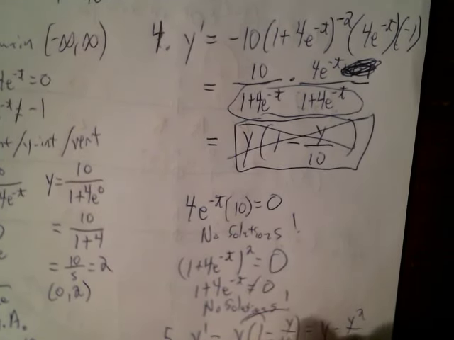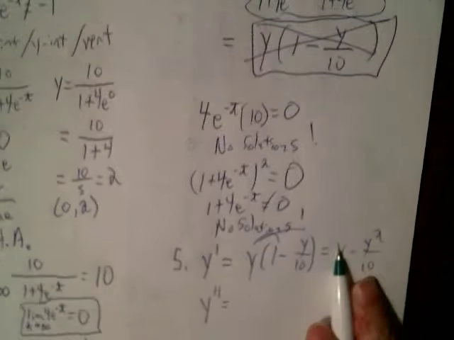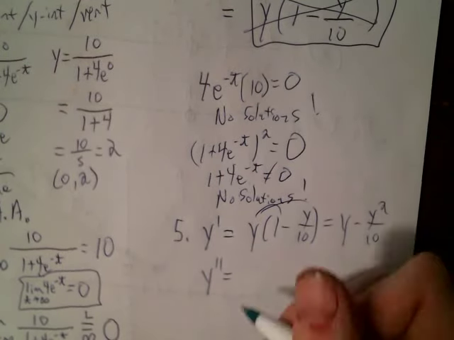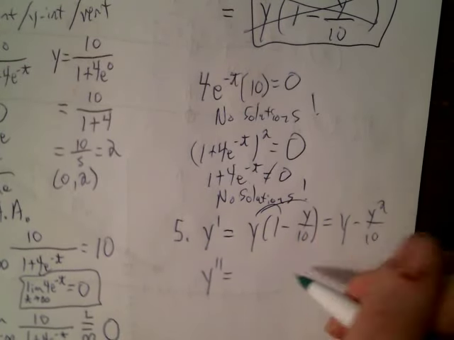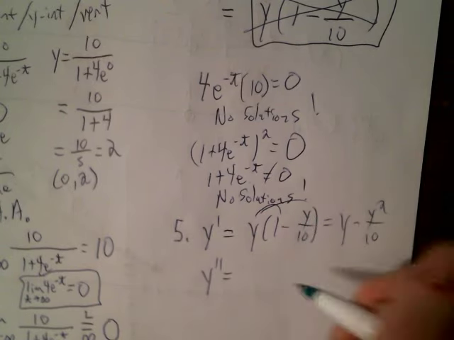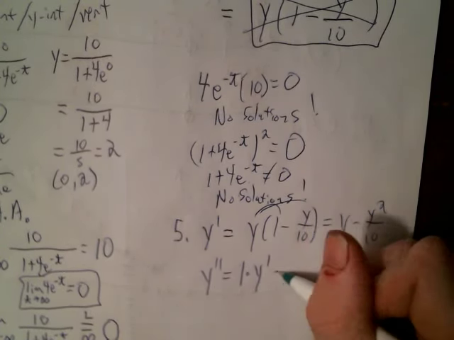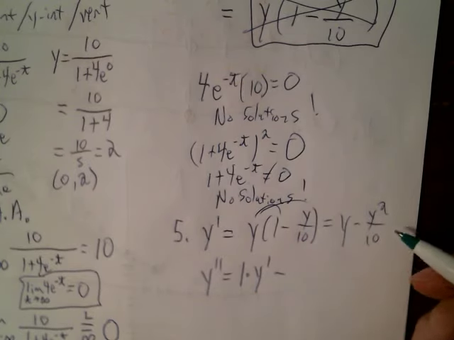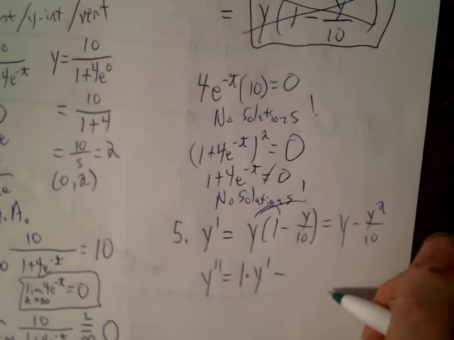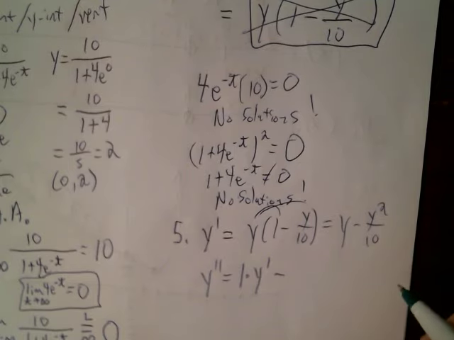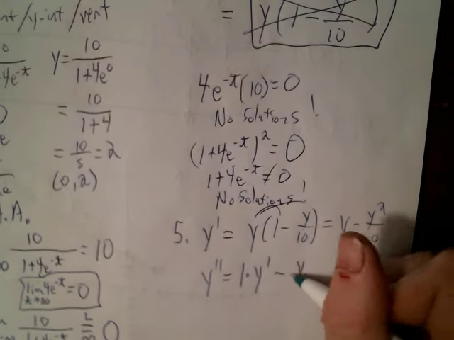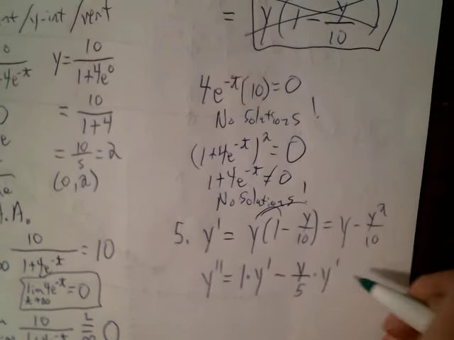And then y double prime is going to equal the derivative of this implicitly. So the derivative of y is 1 times y prime, and then minus the derivative of y squared over 10, which is 2y all over 10 times y prime. In other words, y all over 5 times y prime.